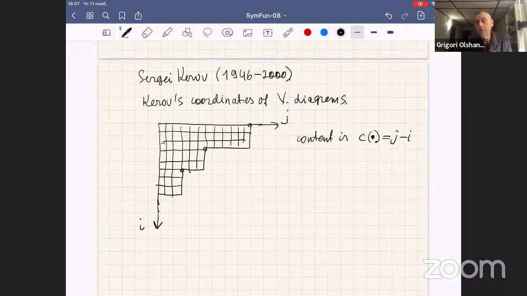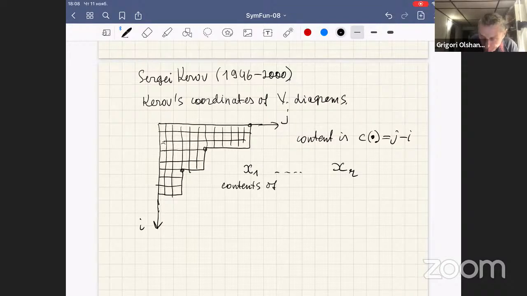So just take the difference of the coordinates. Let there be r of these. These are contents of inner boxes, if you want.